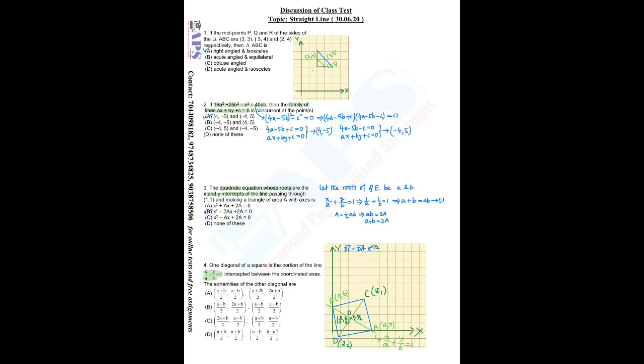So from here we can write that the DC vector is nothing but Z1 minus (a plus bi by 2), equal to the DA vector, which is a minus a by 2, that's a by 2, plus 0 minus b by 2, minus bi by 2, into i.